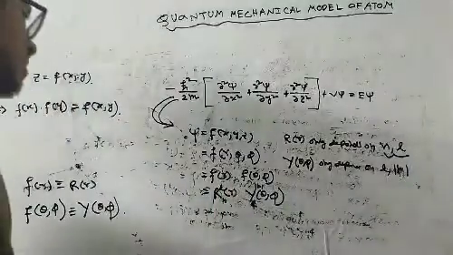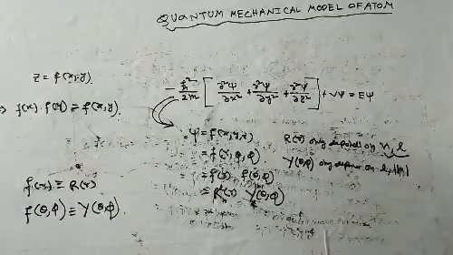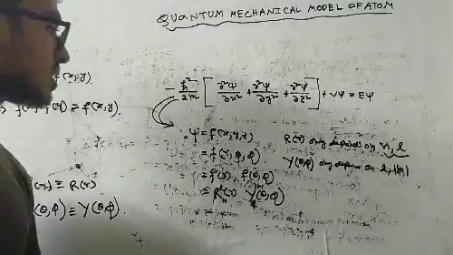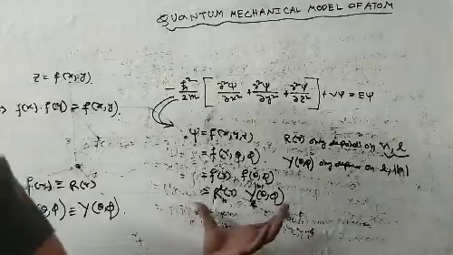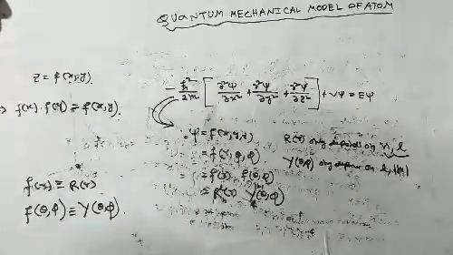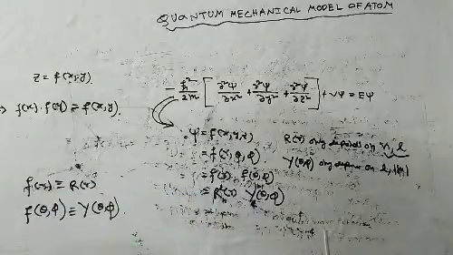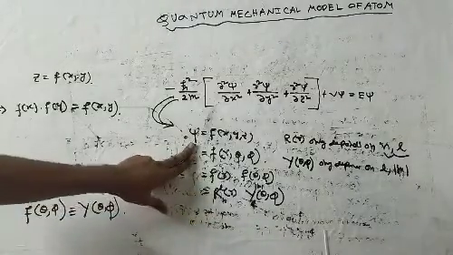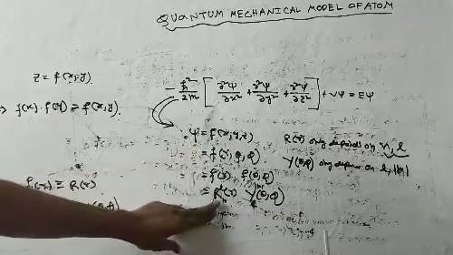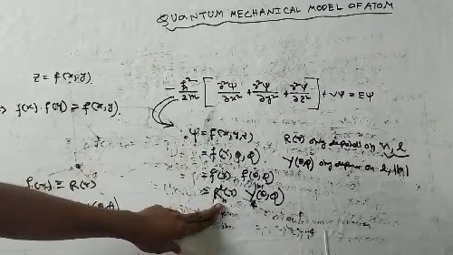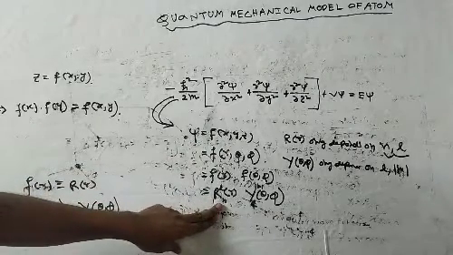Now from this expression we can say that the value of psi can be 0 if the radial wave function is 0.